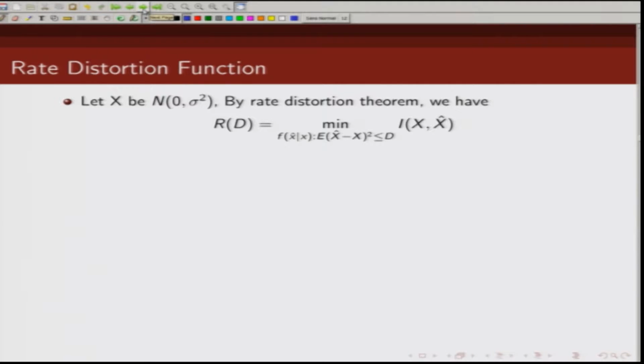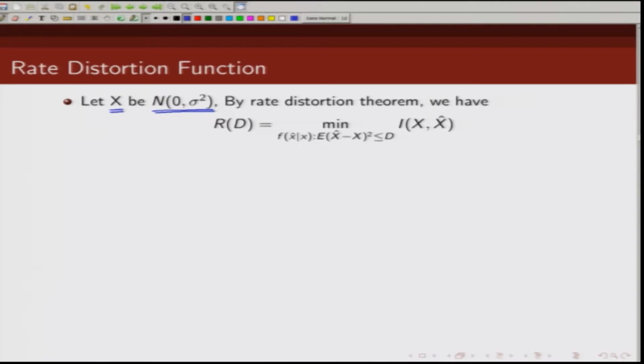Now let us illustrate, or let us compute, this rate distortion function. So we will first take an example of a Gaussian source. We have a Gaussian source X distributed as normal with 0 mean and variance sigma square.